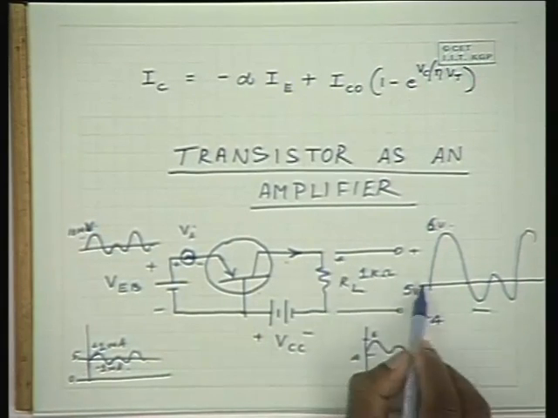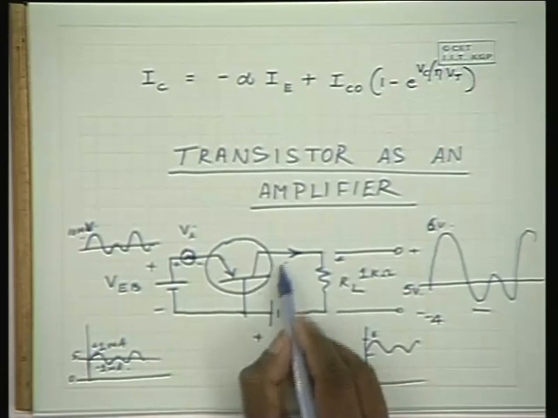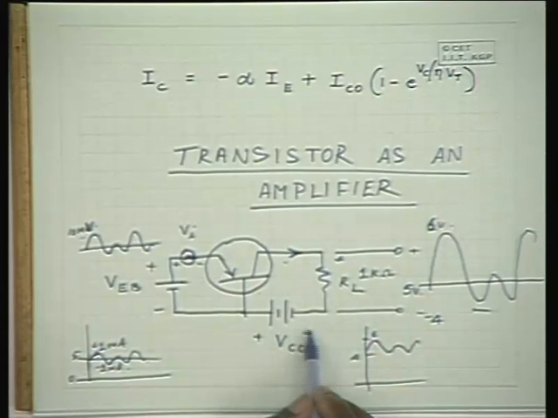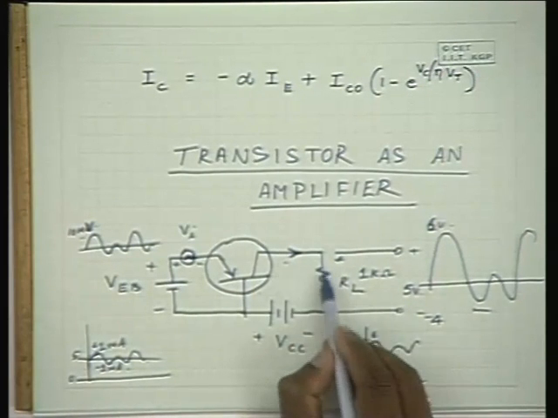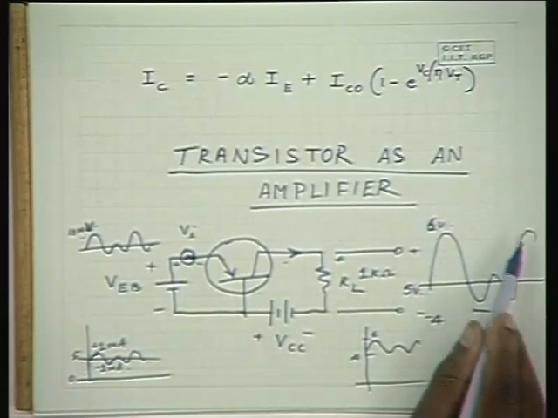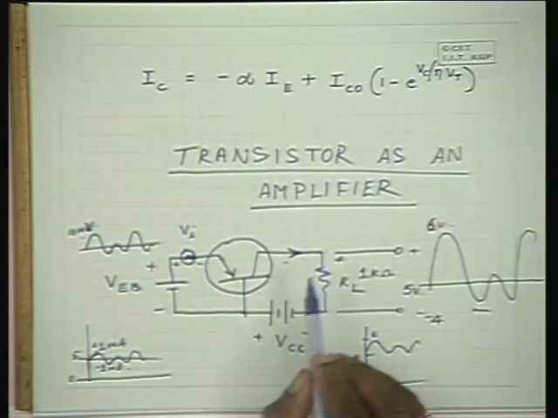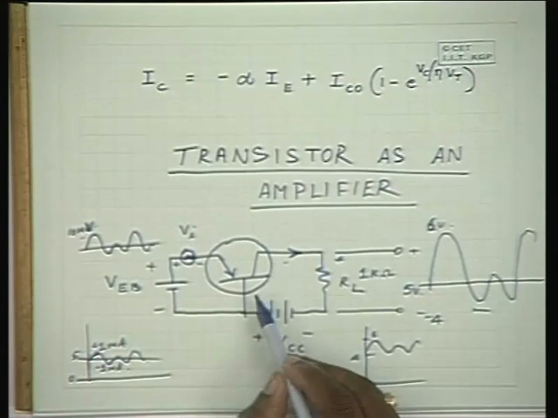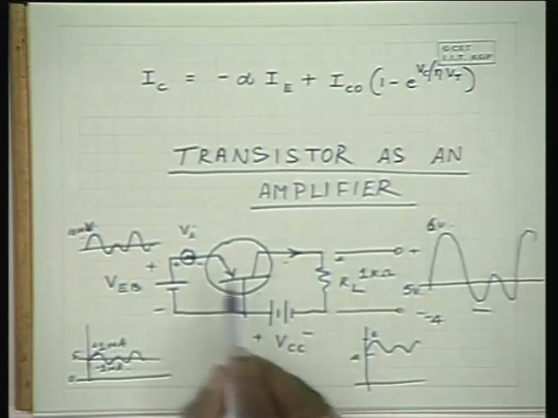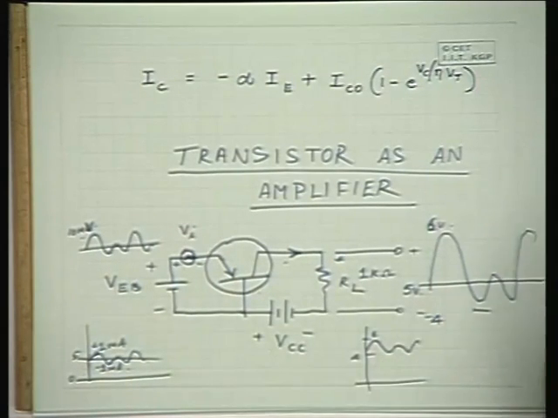When this voltage changes between 4 and 6, naturally this voltage also changes, because the sum of these two is equal to this voltage. Now the question is, by allowing the alternating current to drop here and cause a large voltage variation, does that variation have any effect on this alpha? If alpha also changes according to this signal, then we won't have proper amplification.